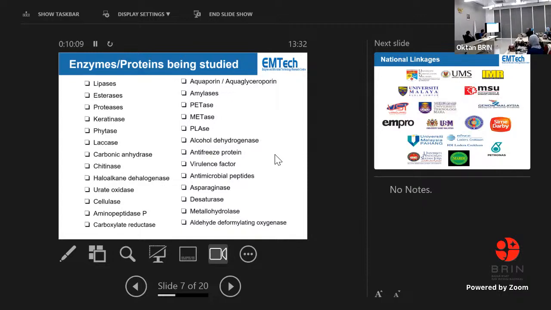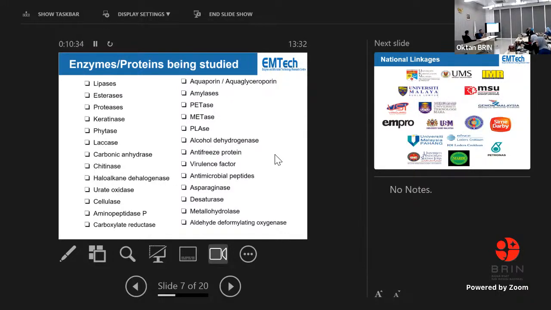This has a lot of potential impact, for example in biomimetic water filtration membranes and the like. Some of these enzymes have gone through a lot of structural biology work, looking at their structure and function, majorly using protein X-ray crystallography.